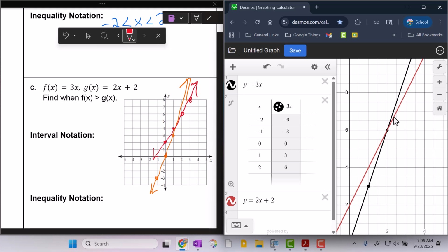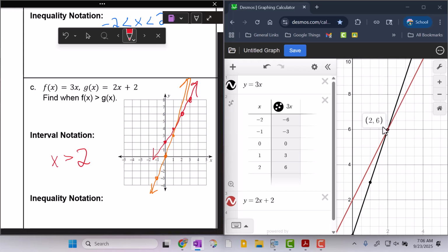It's higher than the red. Where is it? Right there. So anything greater than 2. So x is greater than 2, because anything else, that's where black is above it, and that's f of x, which is what we want.